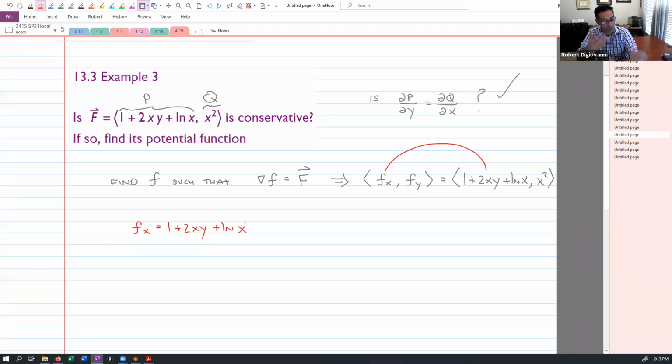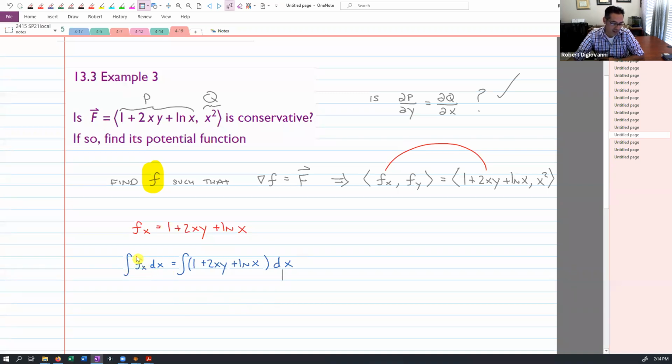Remember, we are trying to get back to little f, right? We really want to find what little f is. And here's what I can tell you, that the partial of little f with respect to x is this. That means, though, that if I integrate both sides with respect to x, that should get me back to little f, right?